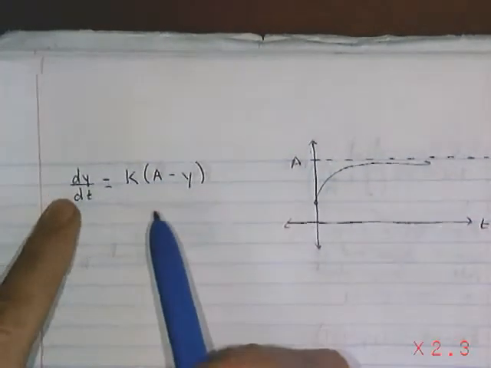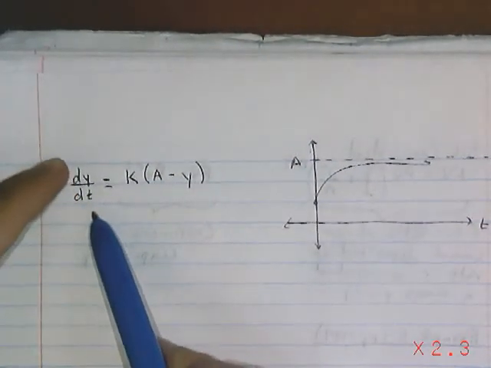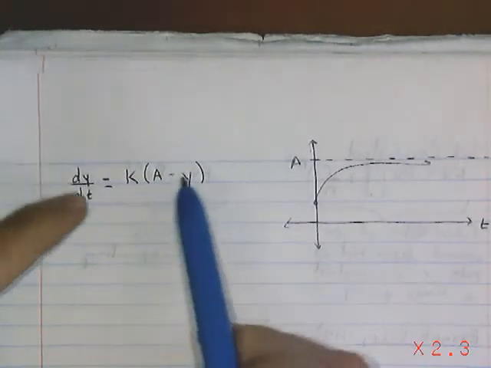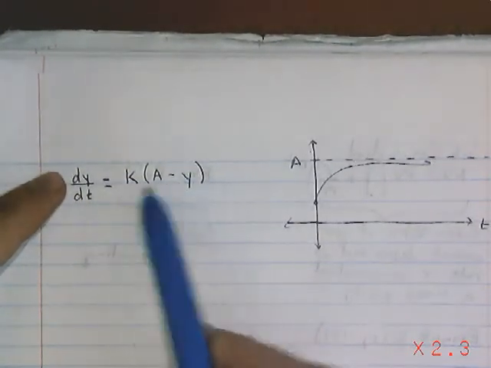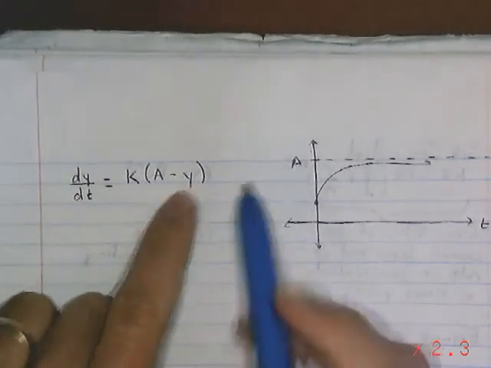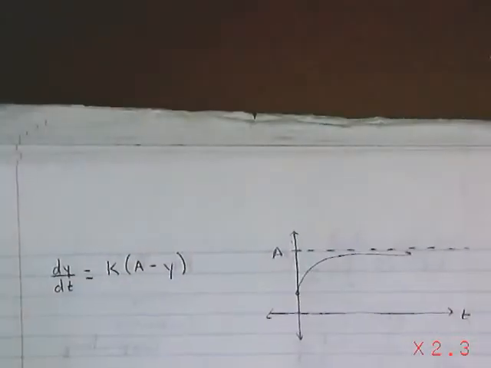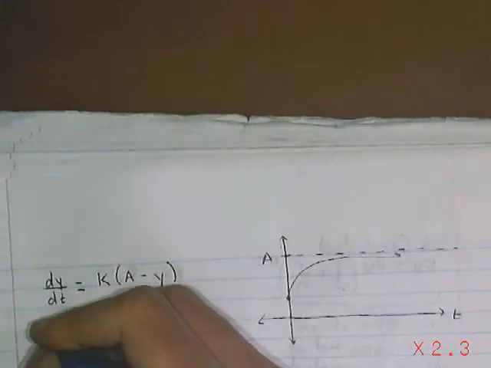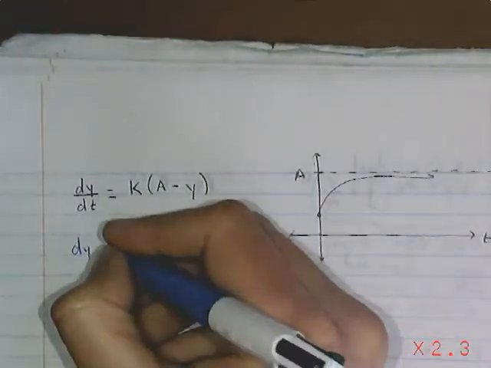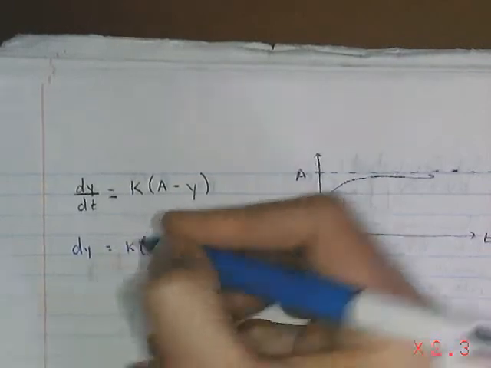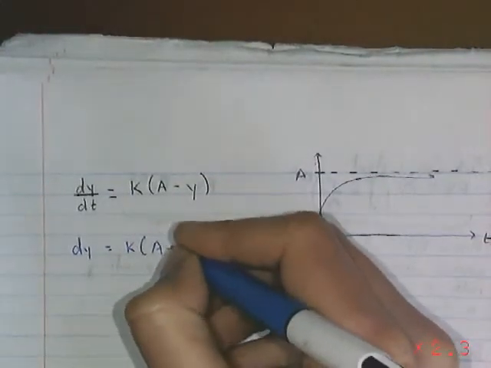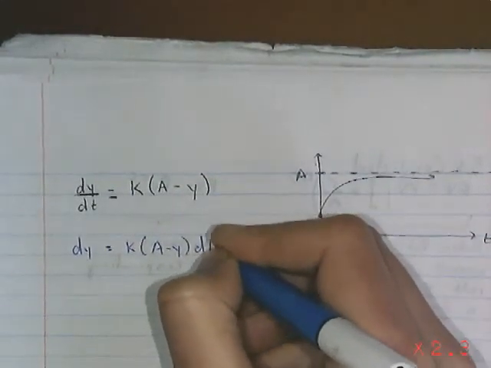Okay, so what we want to do is separate out these differentials and get our y's together. We've got a y here, but let's first separate it. So we'll have dy is equal to k times a minus y dt.